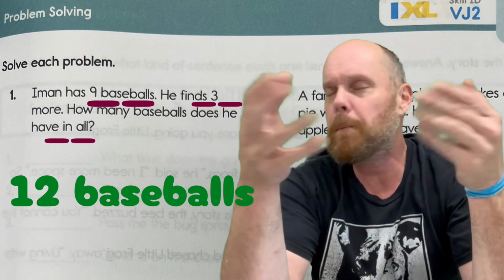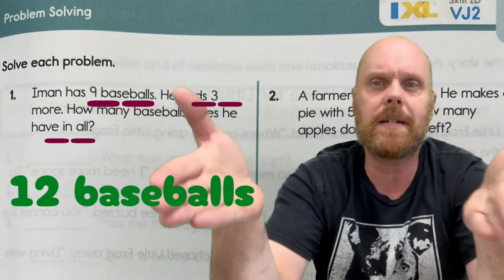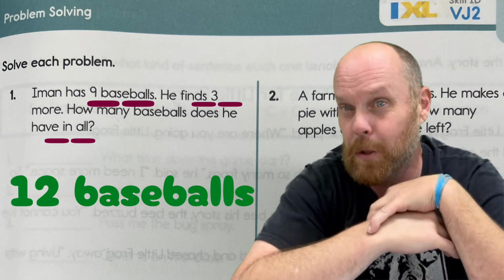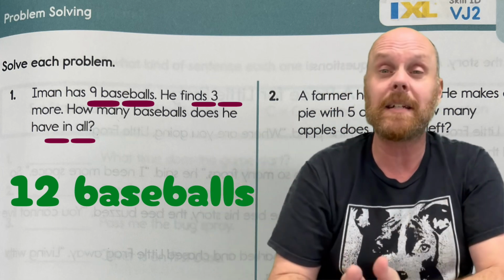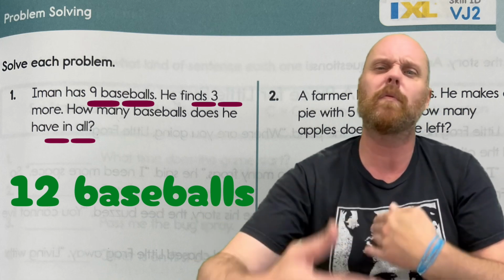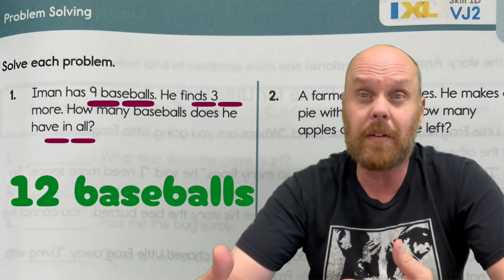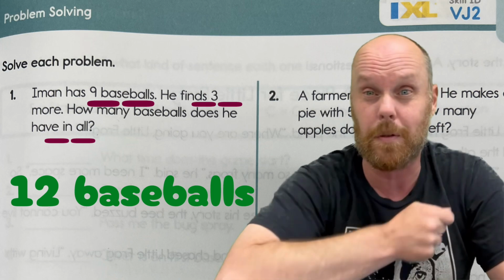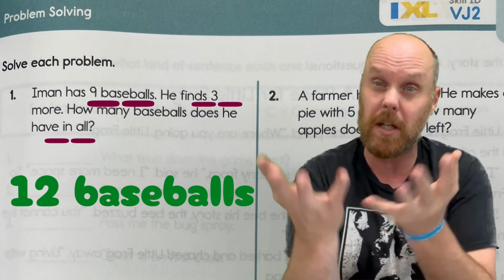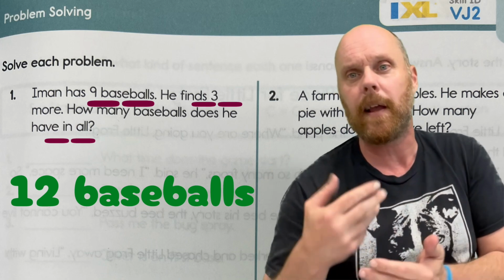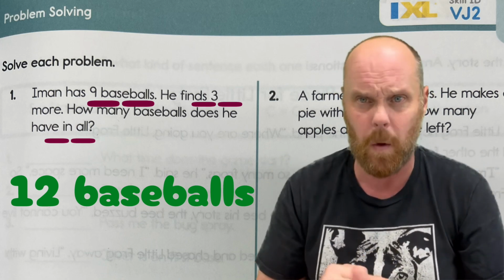Now, beyond writing the answer, I would love to see what problem and what method you use to solve these. So when we look at your summer activity book and we check to make sure that you've done your work, I would love to see the method that you used. All right? Definitely help me out as I learn how to teach you and what methods in math you already feel comfortable with.